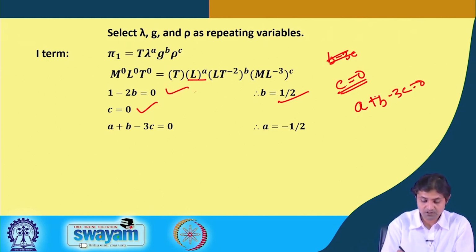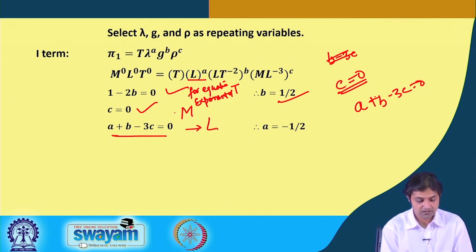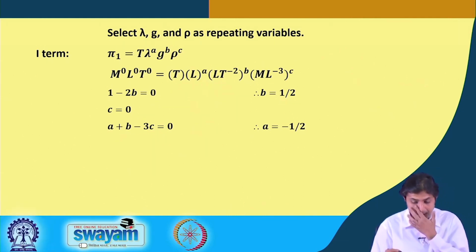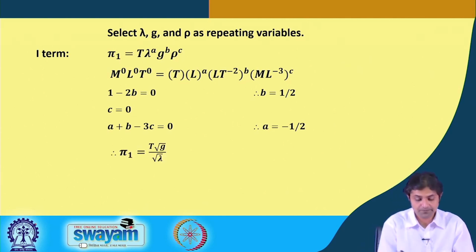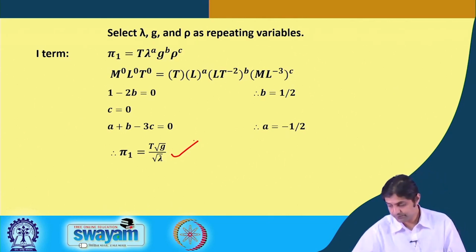So, this has been gotten by equating the exponent of t, this by equating the exponent of m, and the third equation by equating the exponent of L. Okay. So, we get b is equal to half, c is equal to 0 and a is equal to minus half. So, our first term is going to be t under root g by under root lambda, all right.